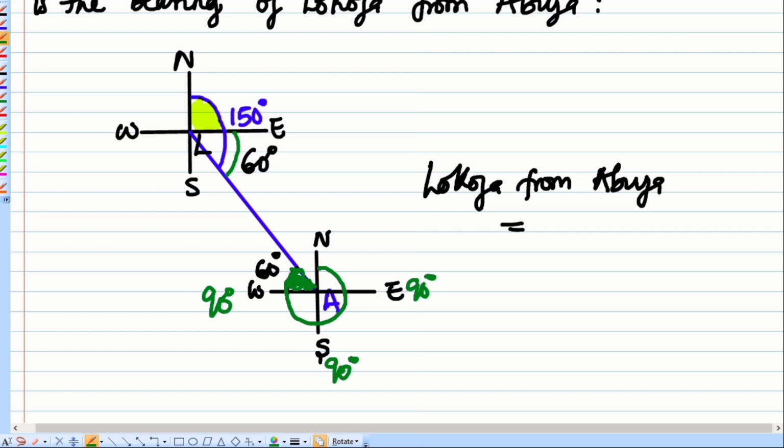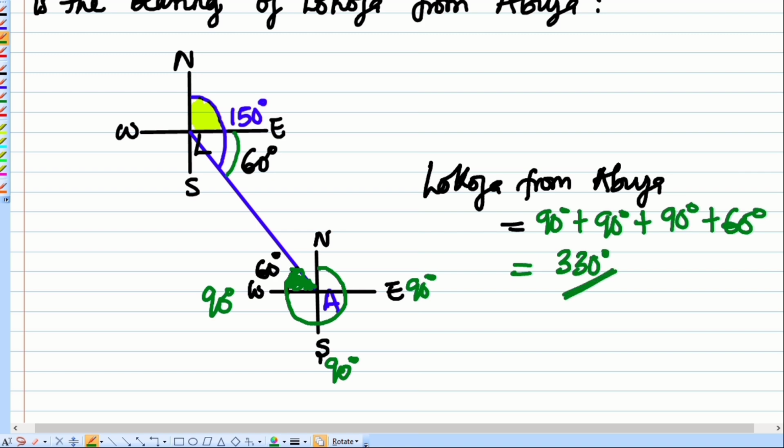So total, we're going to have 90 degrees plus another 90 degrees plus another 90 degrees plus 60 degrees. 90 times 3, that's 270. Then 270 plus 60, that should be 330 degrees. So 330 degrees will be the bearing of Lokoja from Abuja.